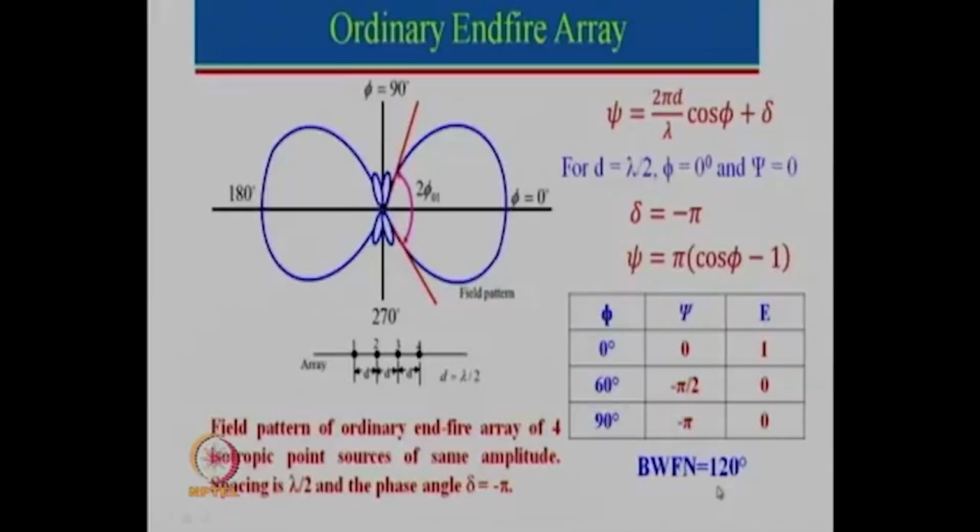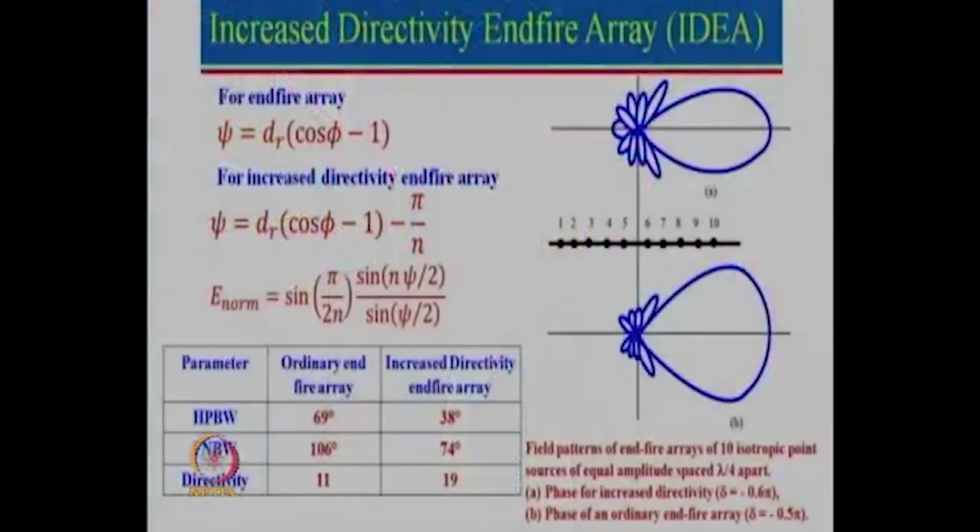So, this made researchers think why the ordinary end fire array has a broader beam width, which results in a smaller gain. So, what can be done? To do that, this concept of ordinary end fire came into the picture. We will look into what that concept is, but let us first look at an example.